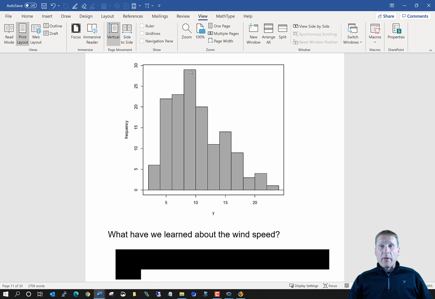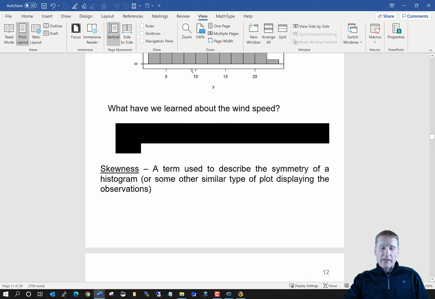The median was about 10 as well. We have a standard deviation about 4.4. And so we've learned some information about these wind speeds, and this was again over a 5-year period. We'll come back to this wind speed data set, or this example, a number of times now throughout the rest of the semester and look at more sophisticated ways of examining it.